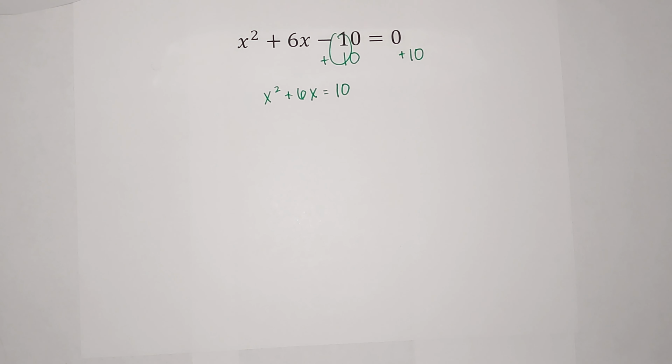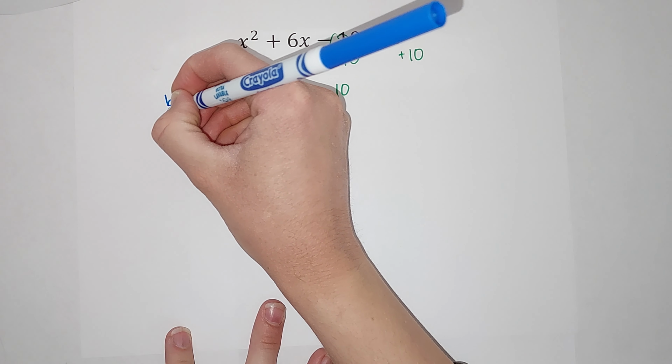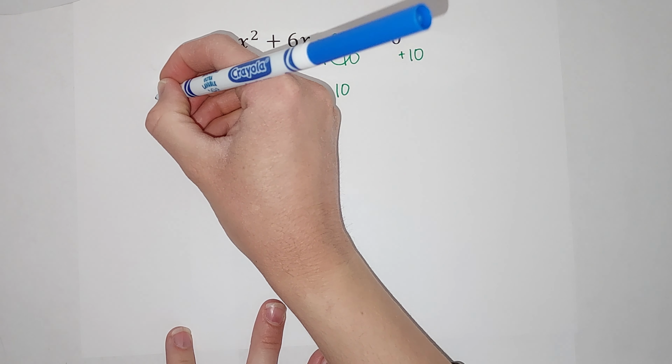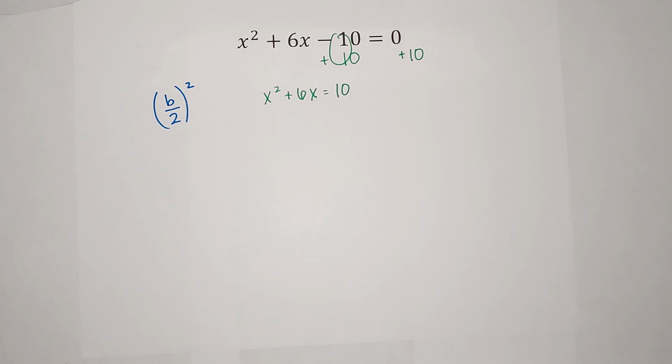Now we could try and guess a million different numbers and that would be awful. So somebody smarter than me figured out if we take b, divide it by 2, and square it, that is our magic number that'll make this factor to something squared, okay?